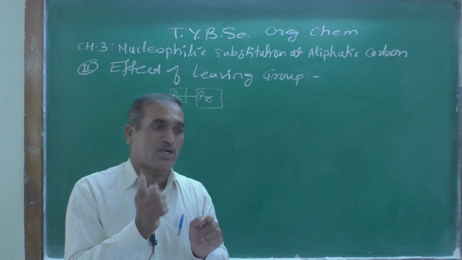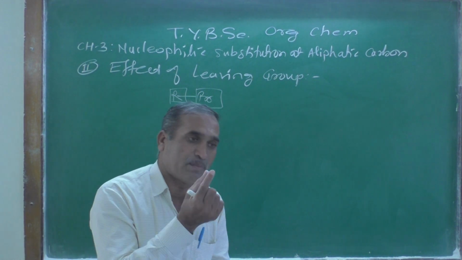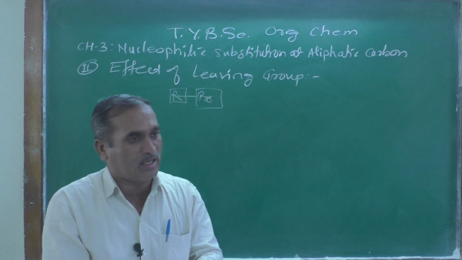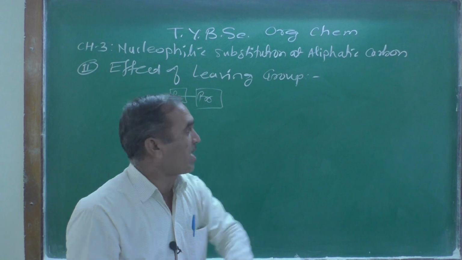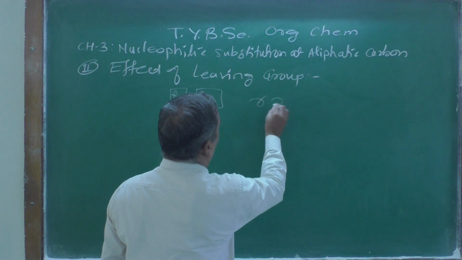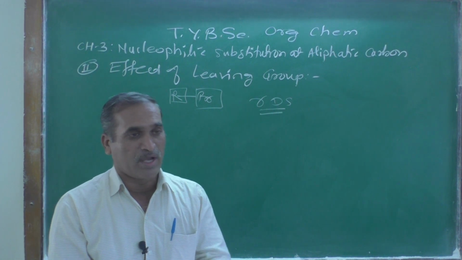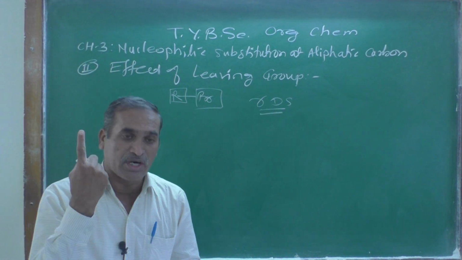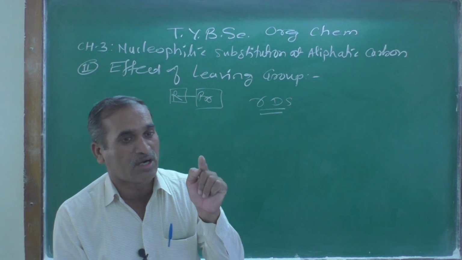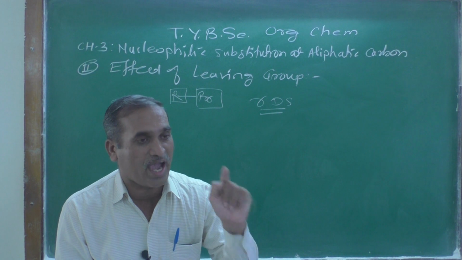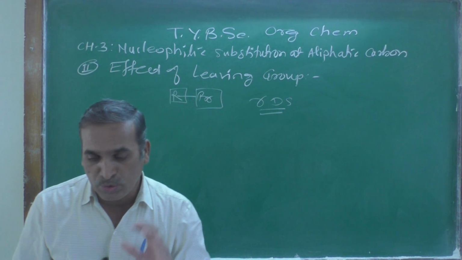The departure of the leaving group, or the breaking of the bond between carbon and the leaving group, takes place in the rate determining step, RDS. Therefore the nature of the leaving group decides what type of reaction it is, SN1 or SN2.